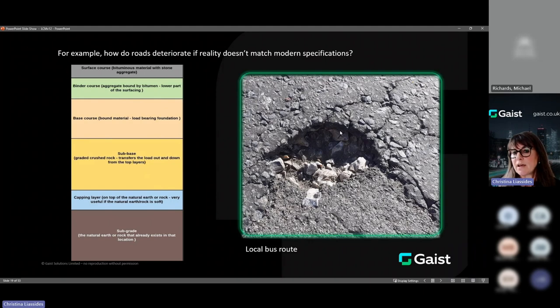And here you have what is actually a local bus route just down the road from me, and that's a lot of chalk and flint, with a thin layer of bituminous material. I'm not quite sure what else might be under that chalk and flint. Possibly not much, courtesy of the local gas network. I noticed once there were some house bricks used as a capping layer, but then just a lot of chalk on top of that. So it can be very interesting what your local roads are composed of, and that can obviously make a difference to how the surface performs as well as how the structure performs.